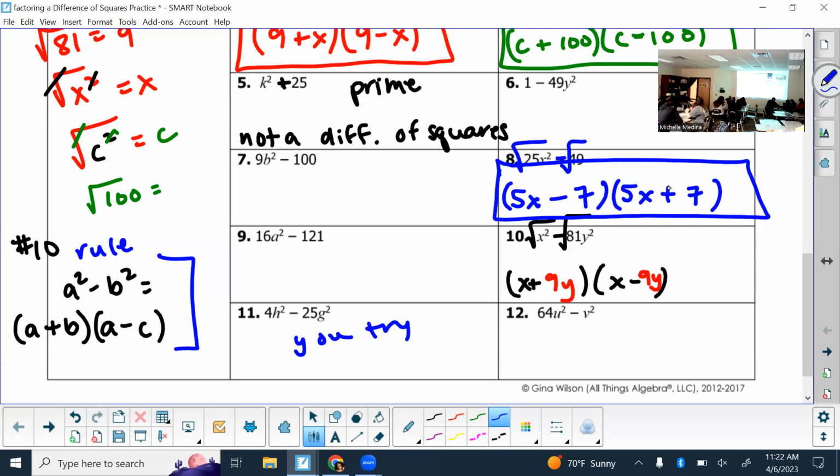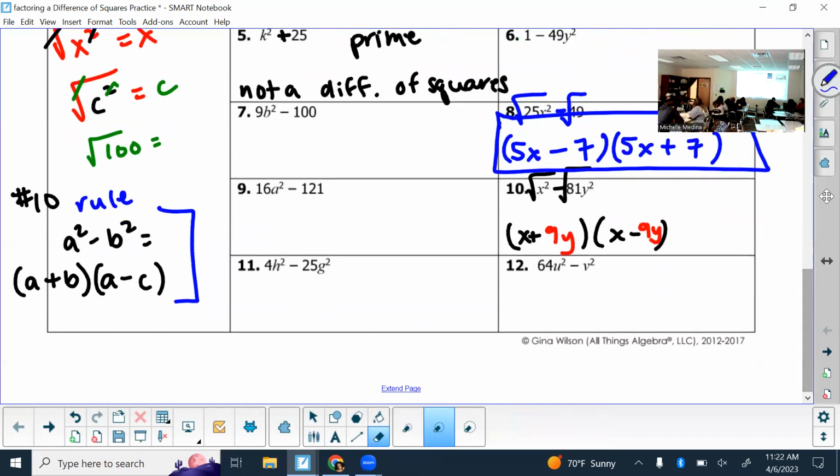Okay, so then I'm gonna pick on you. Since I showed you how to do number 8, can you tell me, is 11 a difference of squares? Yes or no? No. Why do you think it's not?